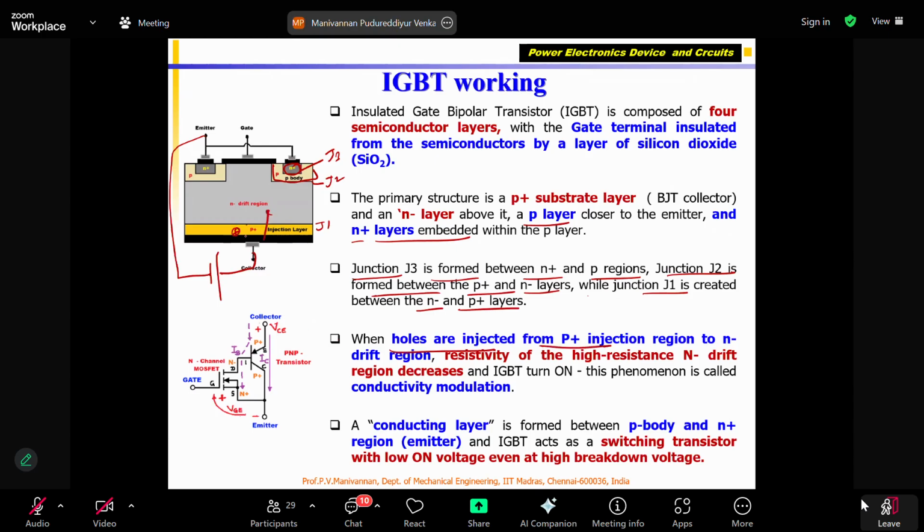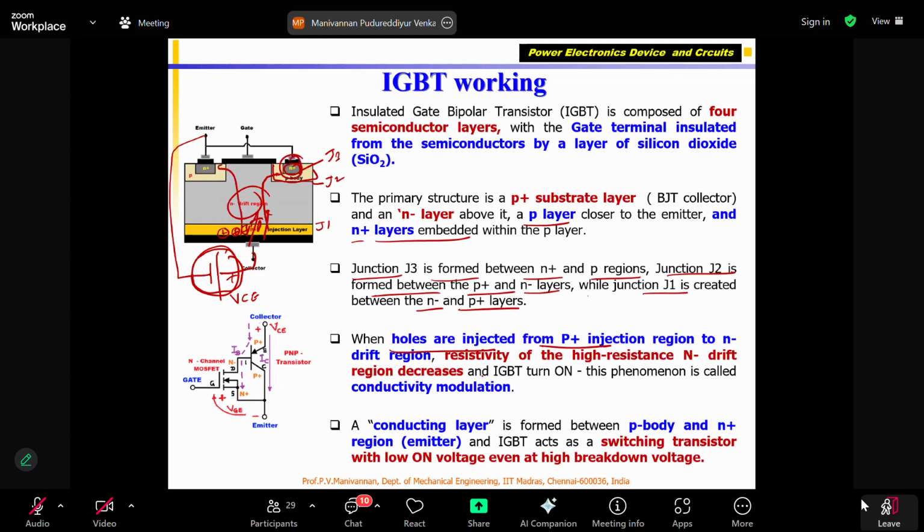Hole plus charges will be pushed inside. That's called injection, that's why it's called injection, from the injection layer, the P plus layer. This only happens when I connect the external voltage. If you don't connect it, the holes cannot enter the system. It needs additional energy. Who is providing it? The external bias voltage, which we call VCC or VCE. That is going to push the holes inside the drift region. They go inside and finally reach here. So the current flow happens.